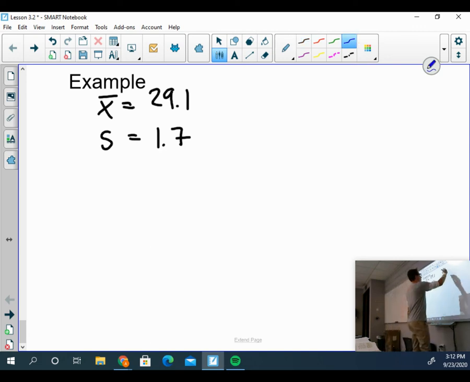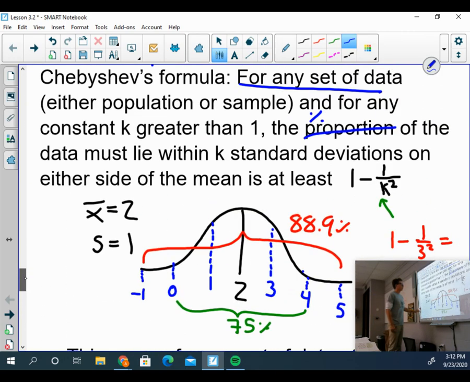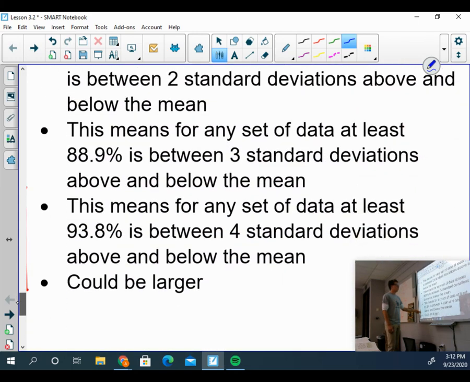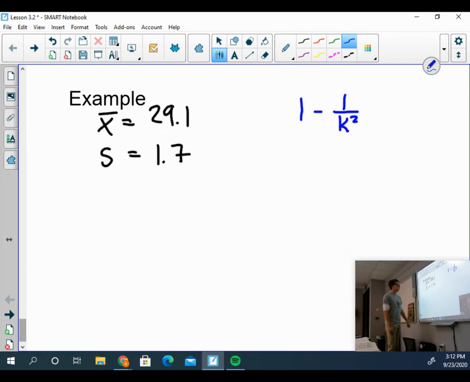What did Chebyshev's formula say? It was 1 minus 1 over k squared. And it guaranteed that the proportion of the data that must lie within k standard deviations on either side of the mean is at least 1 minus 1 over k squared. Okay?